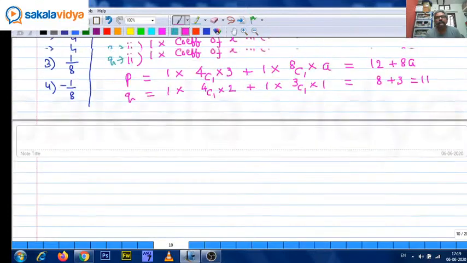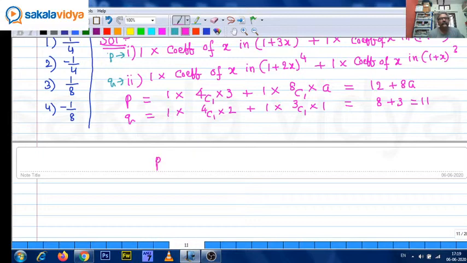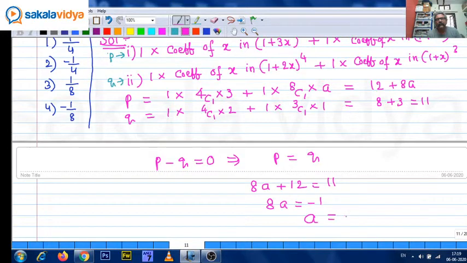According to the problem, p minus q equals 0. That means p equals q. 8a plus 12 equals 11. 8a equals minus 1. A equals minus 1 by 8. That means fourth option is the right option.